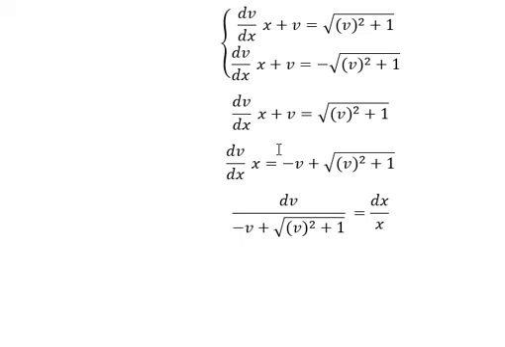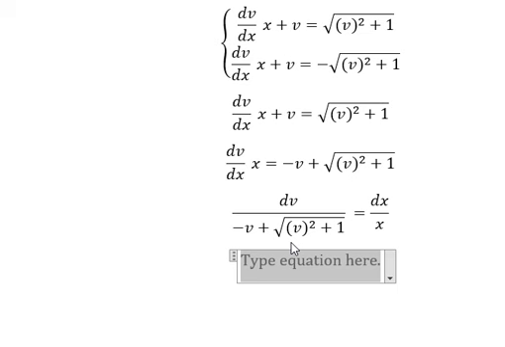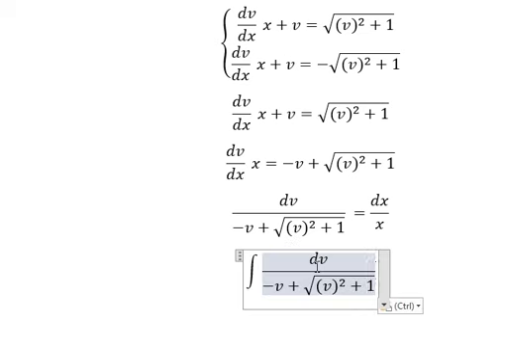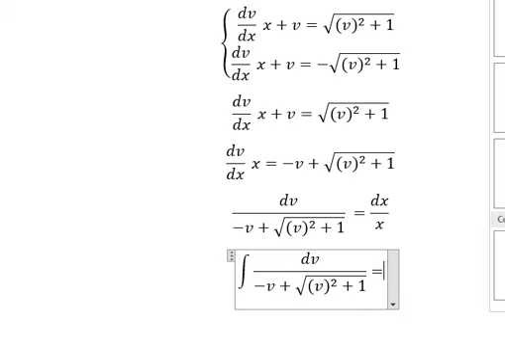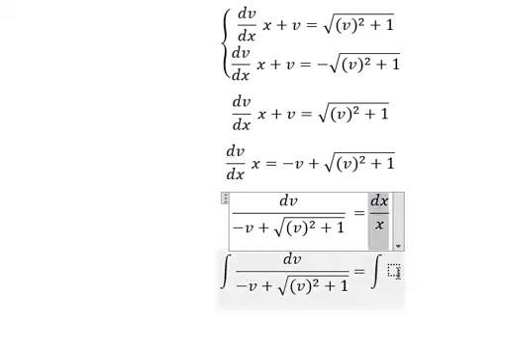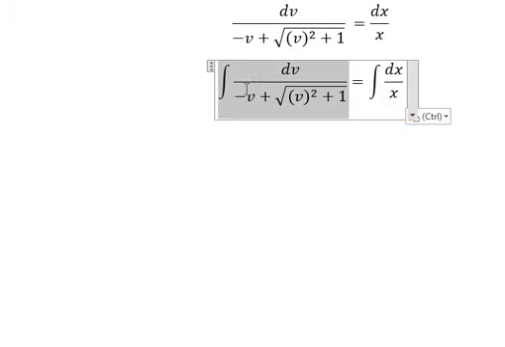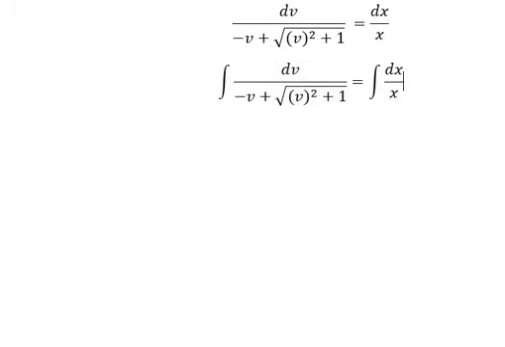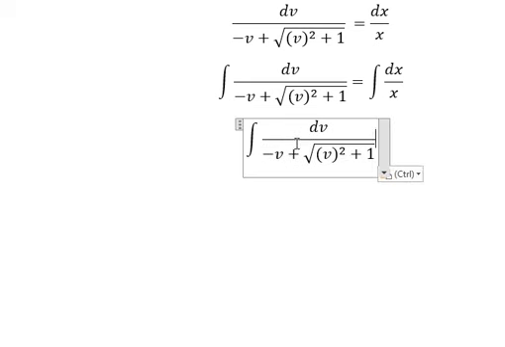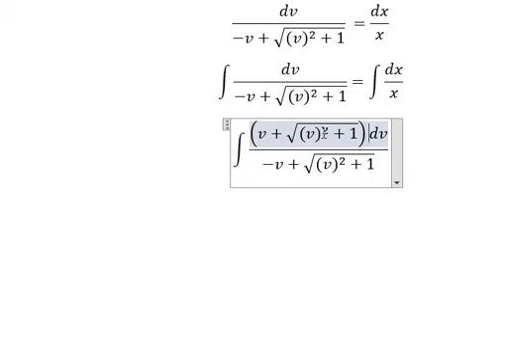Next, we can put the integration for both sides. Now, we need to concentrate on this one. So in this situation, I will multiply by v plus the square root of v squared plus 1 on numerator and denominator.